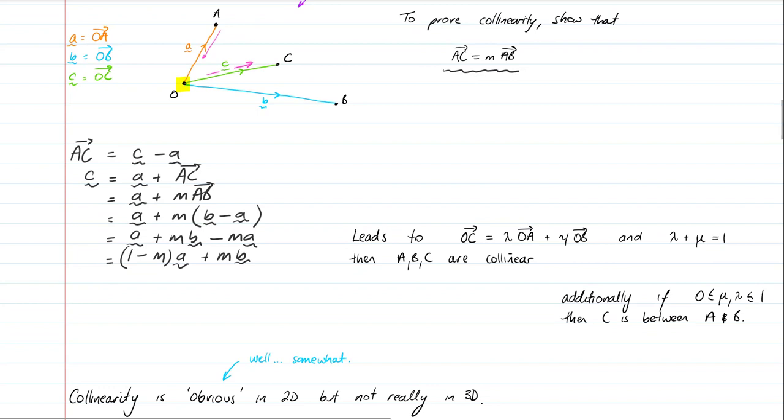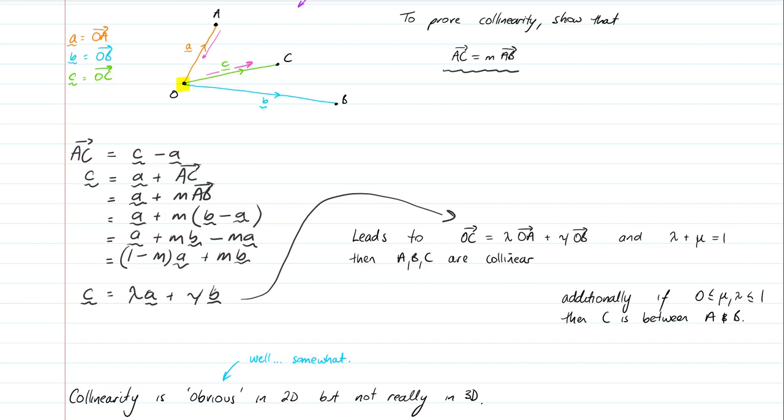And I can write this down as C is equal to lambda A plus gamma B. I can change this back to OC, OA and OB and I get this result: OC is equal to lambda times OA plus gamma times OB.